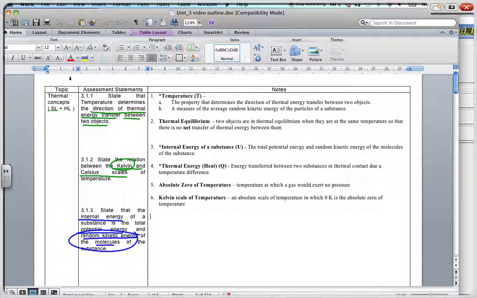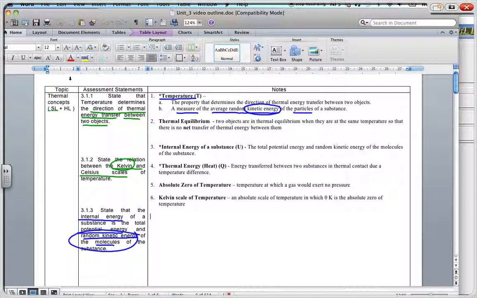Now, this random kinetic energy determines the temperature. So here we have our definition of temperature. It's a measure of the average random kinetic energy of the particles in a substance. So the temperature gives an indication of how quickly the particles are moving. They can be moving in all different ways. Sometimes when they are fixed, there may be vibrational or rotational, or it may be translational.